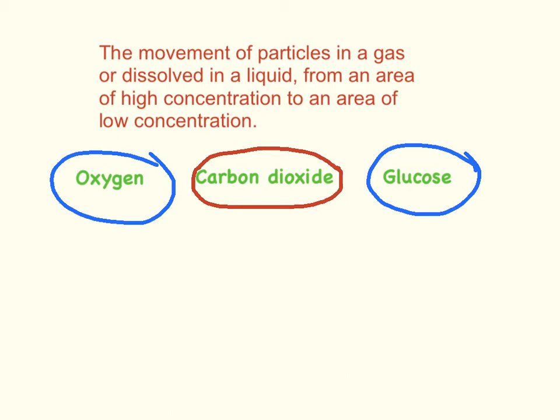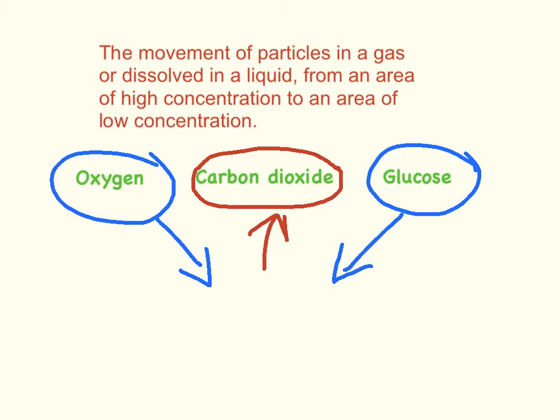Oxygen and glucose are both required by the body cells for the process of respiration, where the glucose is converted using oxygen into an energy form that the body's cells can use. And the carbon dioxide is the waste product from that. So the carbon dioxide is going to be produced by the cells and needs to be got rid of.